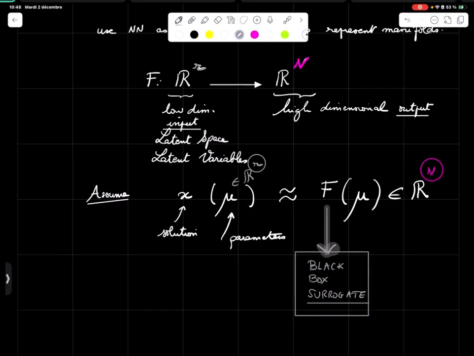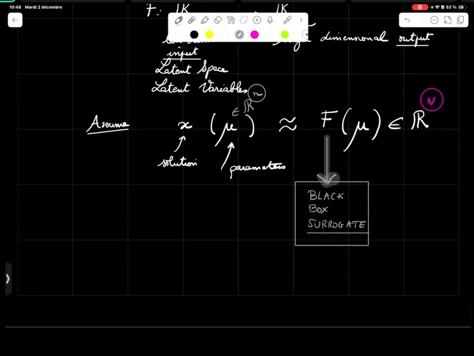You can also use it as a building block for PINNs, which are these so-called physics-informed neural networks, where you don't only use data now, but you use data constrained by the partial differential equation that you're working on.